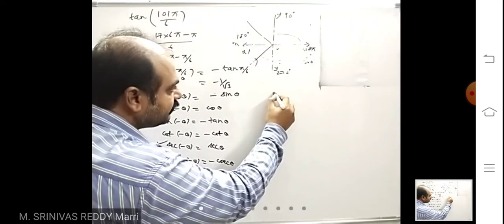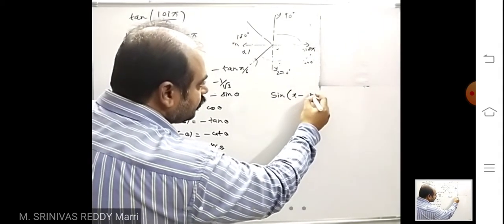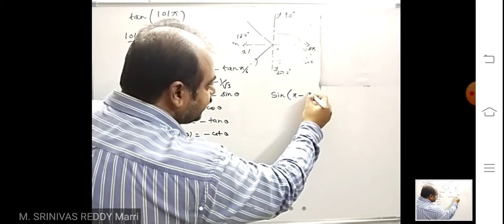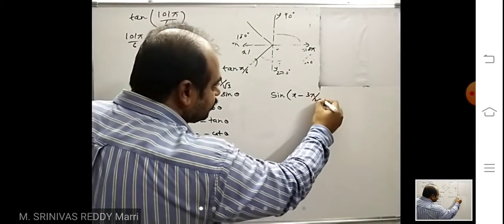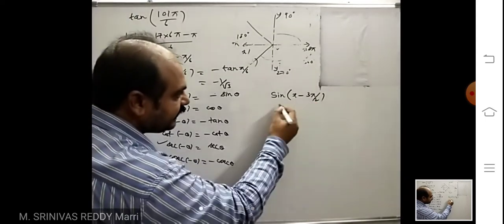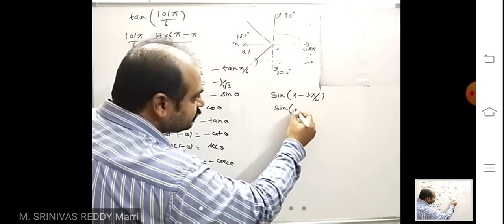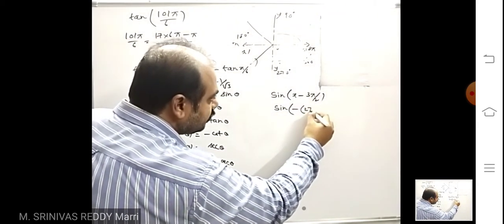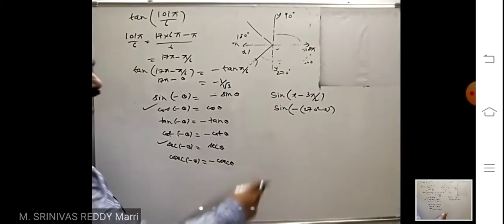Suppose look at sine of x minus 3 pi by 2. So that means sine of x minus 270. I will take minus common. 270 minus x.